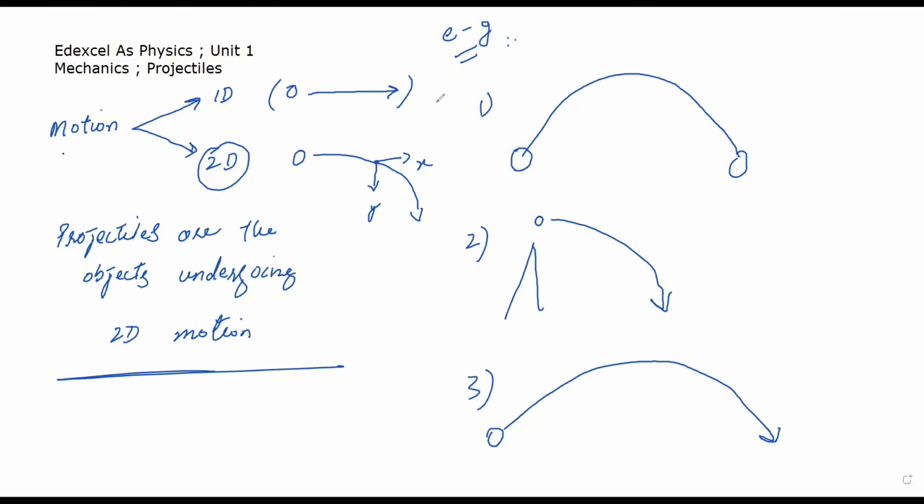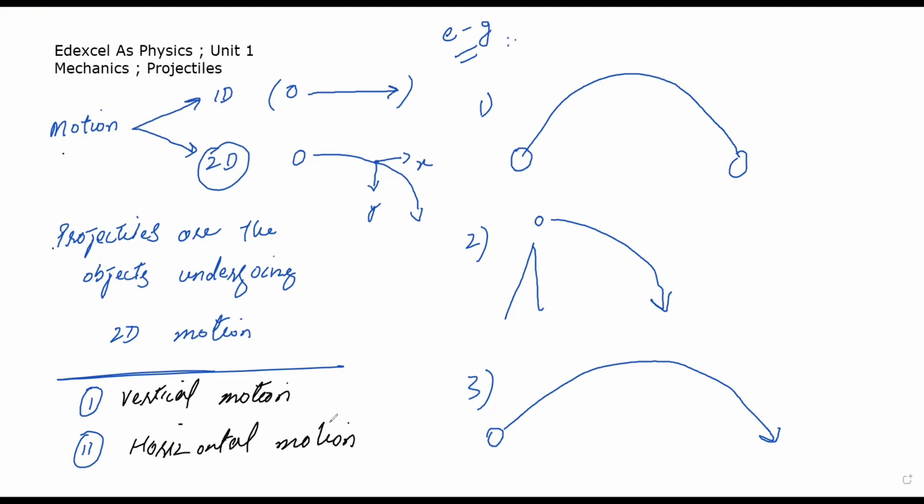Now the thing is that you can dissect that two-dimensional motion into two types of motion. At the same time, the body would be covering the vertical motion, and at the same time, the body would be covering the horizontal motion as well, right?